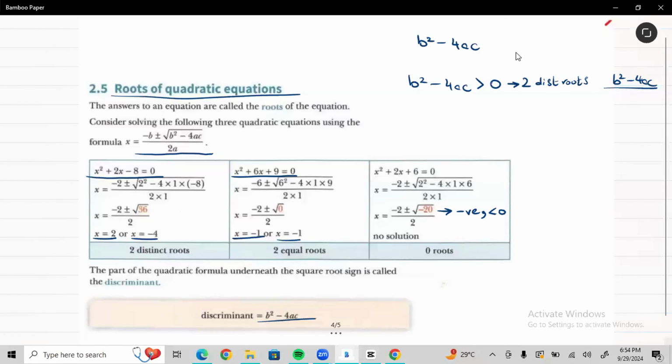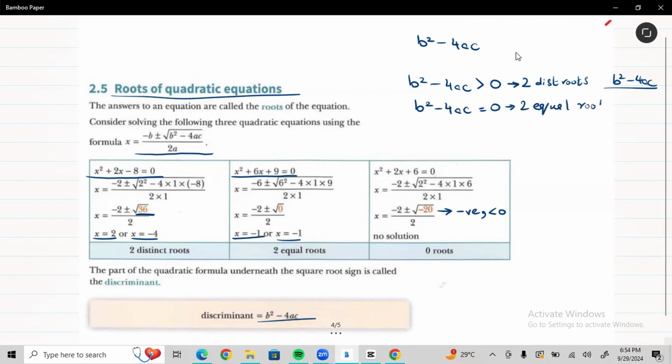As we can see in this example, they solve this up, -2 plus minus under root 36, and this 36 is a positive value. That's why we are getting two distinct roots. The second rule is, if b squared minus 4ac equals 0, then we are going to get two equal roots.